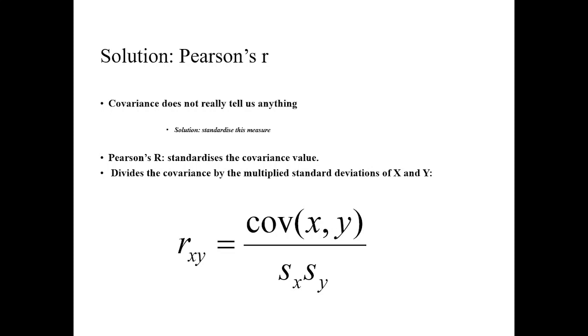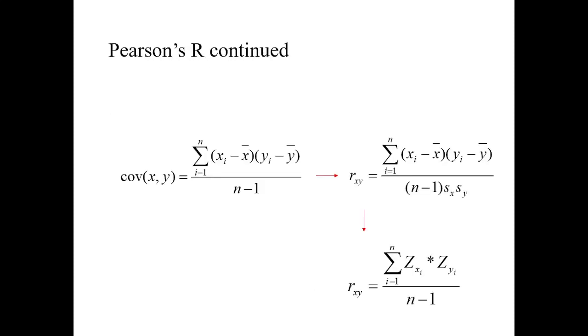It standardizes the covariance value by dividing it by the product of the standard deviations of x as well as y. You can say x is one variable, y is another variable. The covariance of x y defines the sign of r, which is either positive or negative.